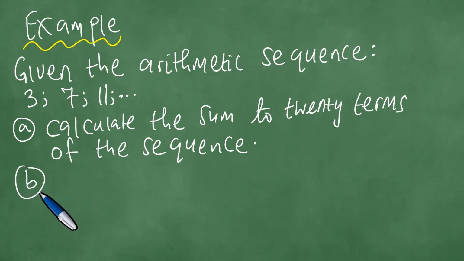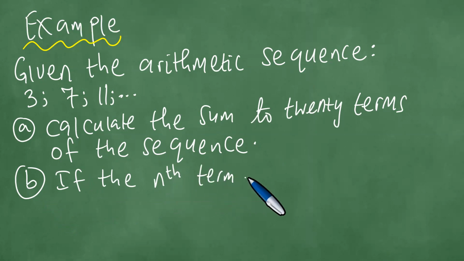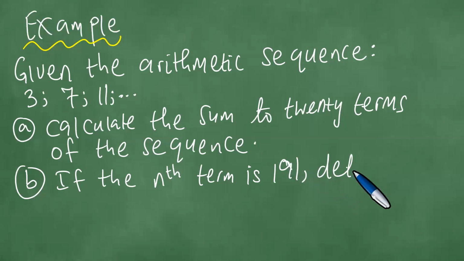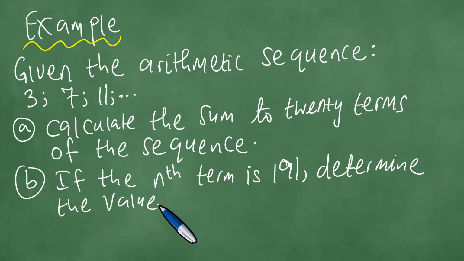Part B, if the nth term is 191, determine the value of n.